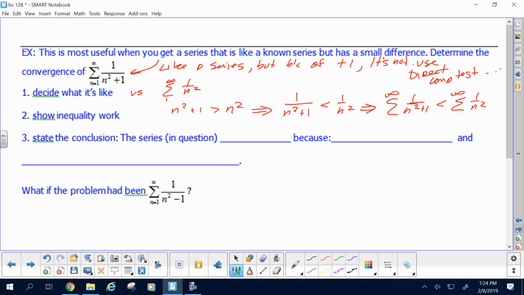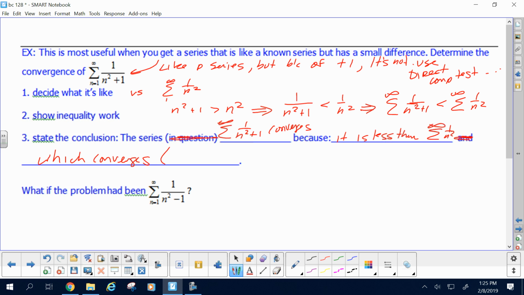The series, you don't have to say a question, you could say the series 1 over n squared plus 1 converges because it is less than the series 1 over n squared, and I'll write that in, which converges. And then I have to say why. Why do I say 1 over n squared converges?